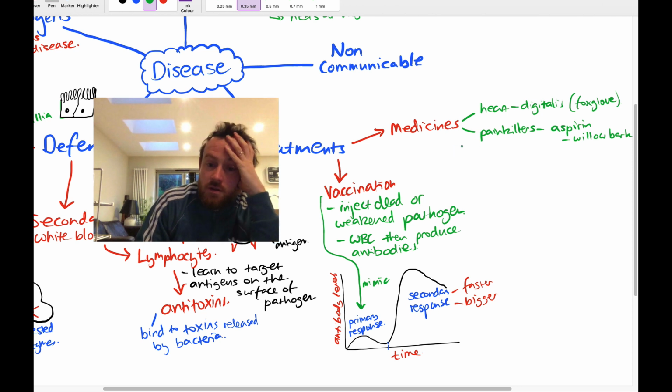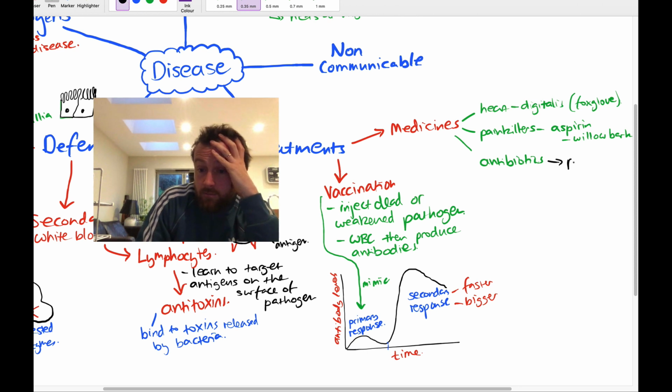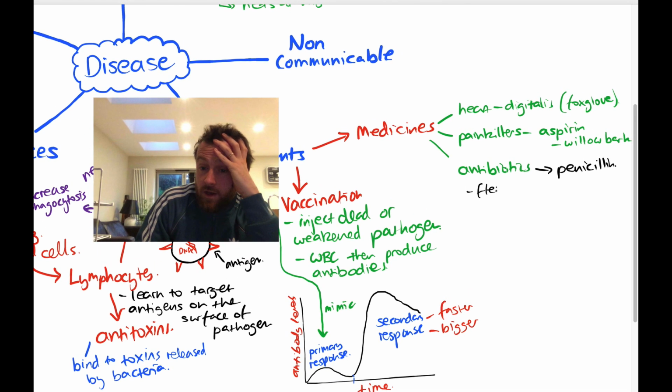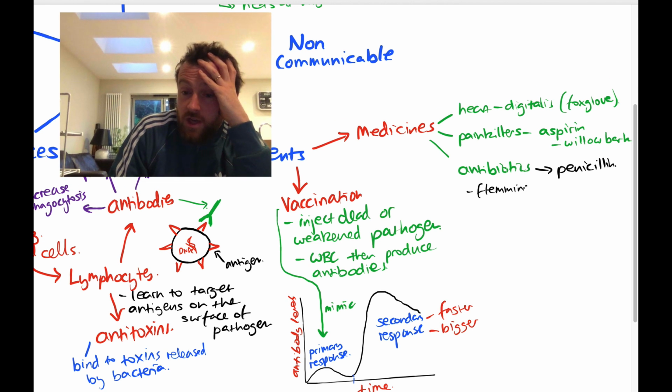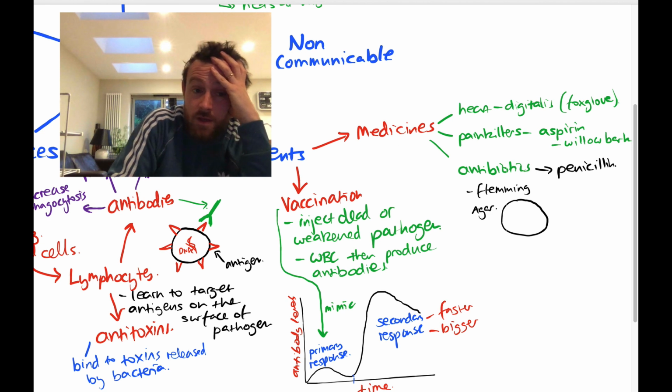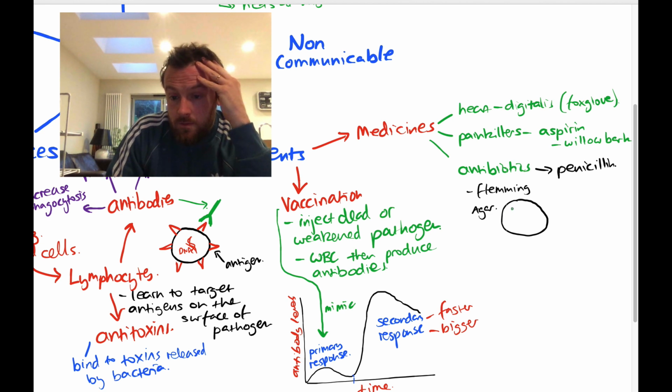And then we've got antibiotics. And you need to know a bit more about penicillin. Fleming was the guy who discovered it, along with Florey and Chain. And what he basically saw was that on an agar dish, he had a mold growing here.